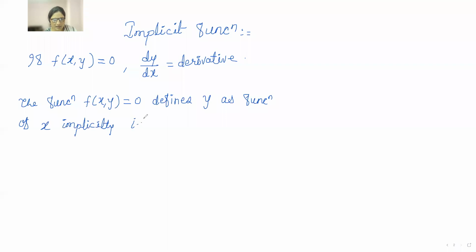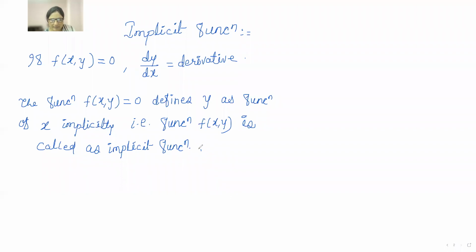That is, a function f of xy is called as implicit function in x and y.